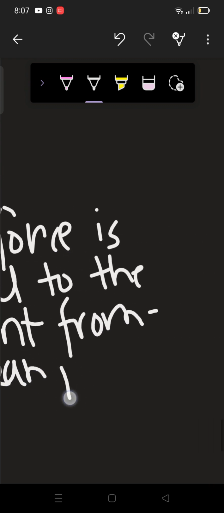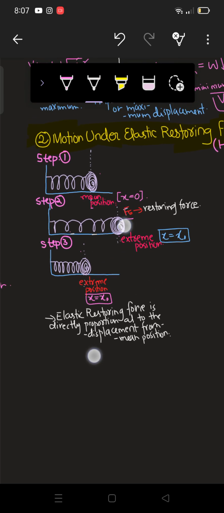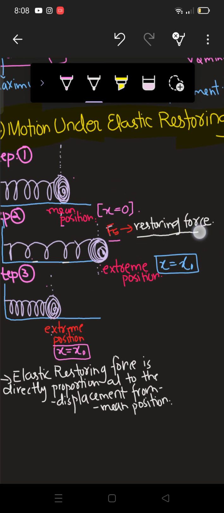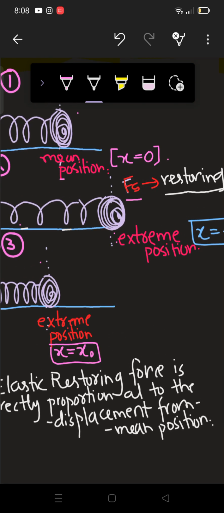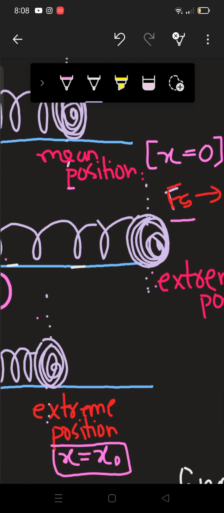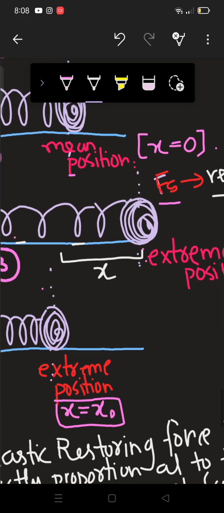Let's understand this. It's a very important point for the mass spring system. The elastic restoring force is directly proportional to the negative displacement taken from the mean position. See, what would be the displacement here? From its mean position to the extreme position, this is the displacement.